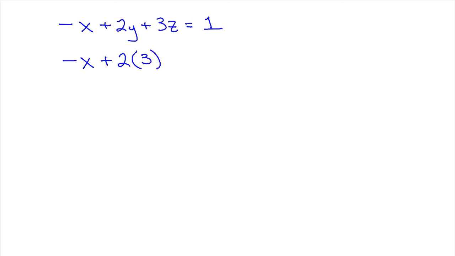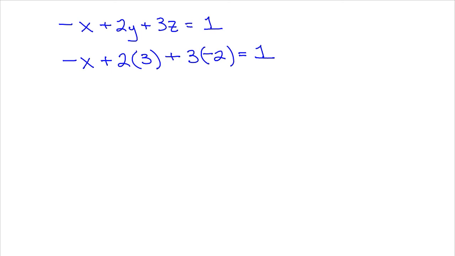I'll use the middle equation, which was negative x plus 2y plus 3z is equal to positive 1. And I will substitute what I know about y and z. So I get negative x plus 2 times 3, since y was 3, plus 3 times the z value of negative 2. That's equal to 1.